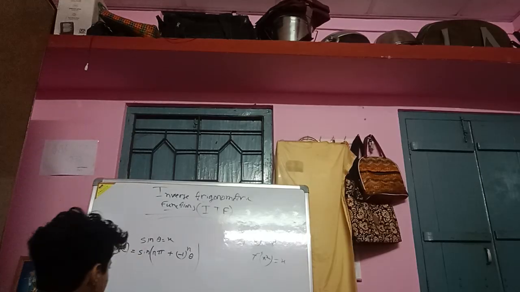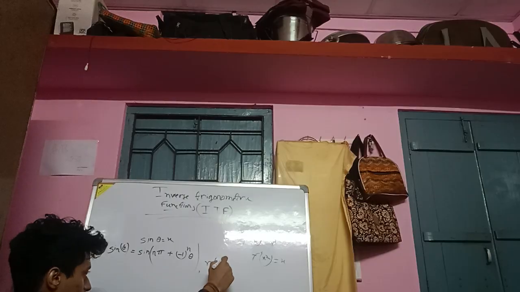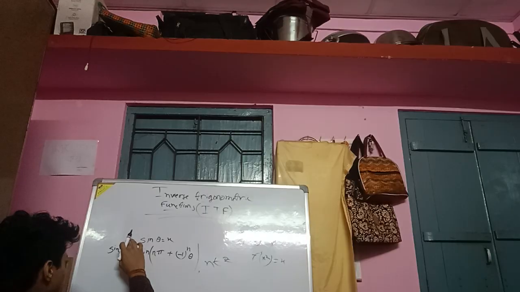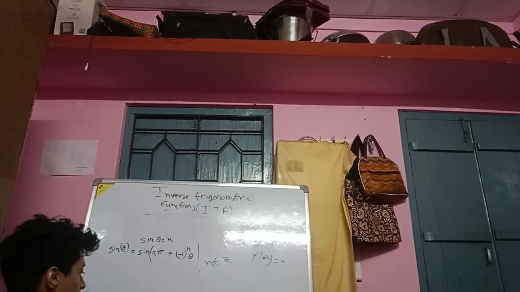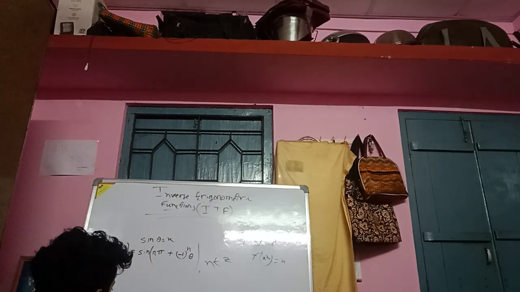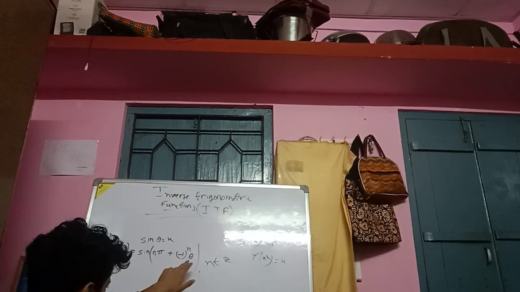Here n belongs to the set of integers. So the output of the sine x function keeps on repeating after a certain interval, and that interval is n pi plus minus 1 to the n times theta.